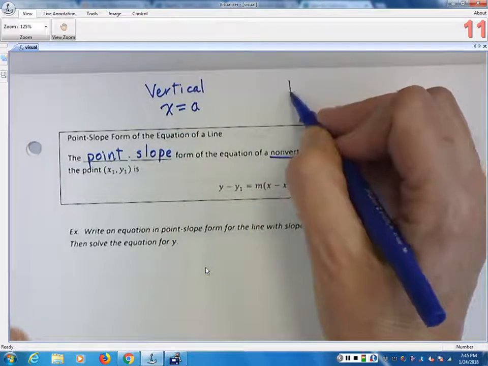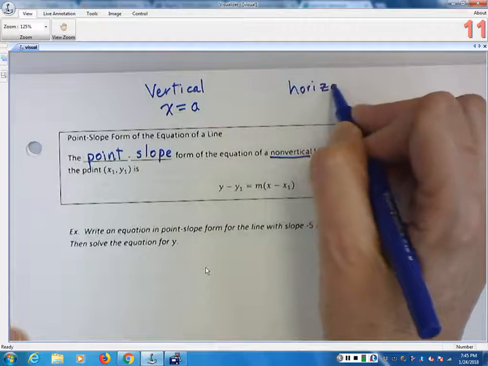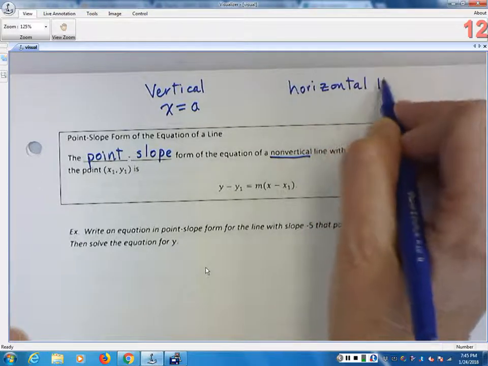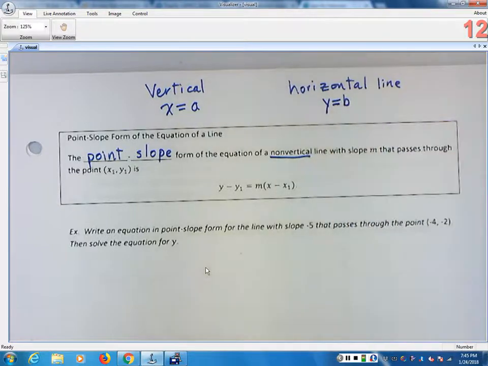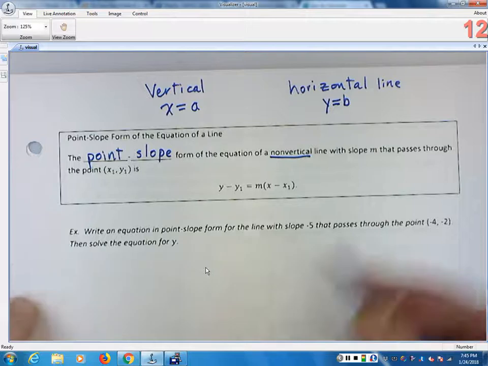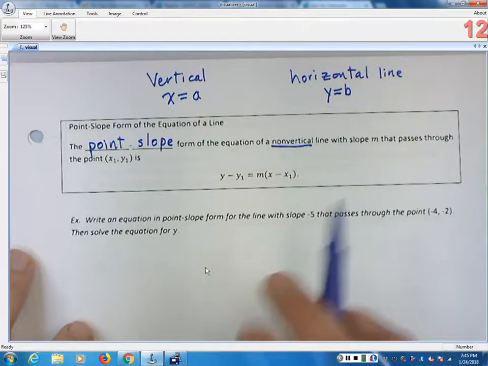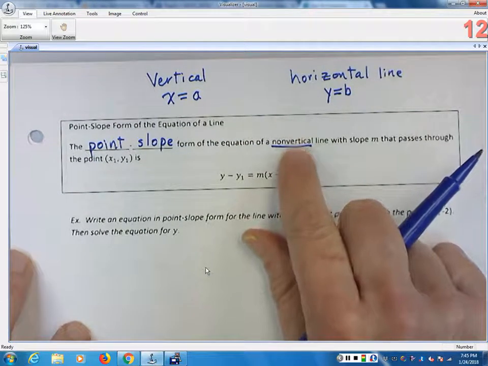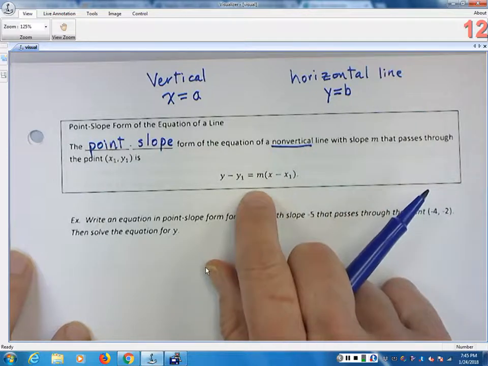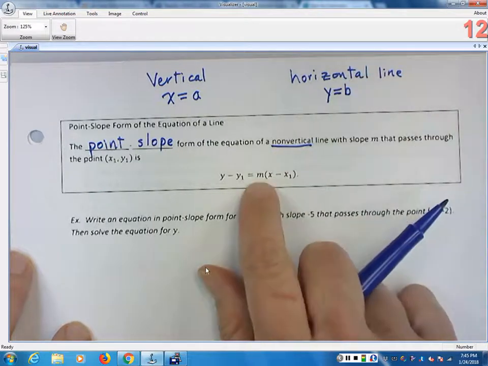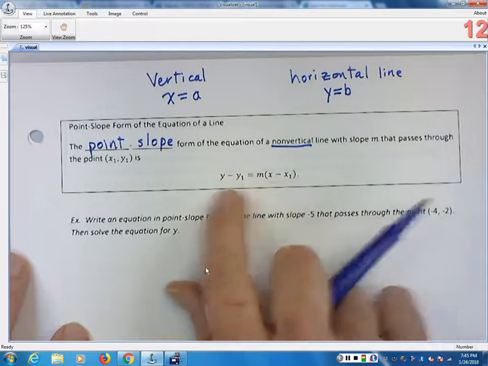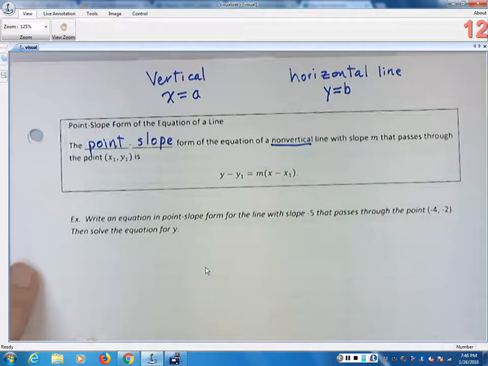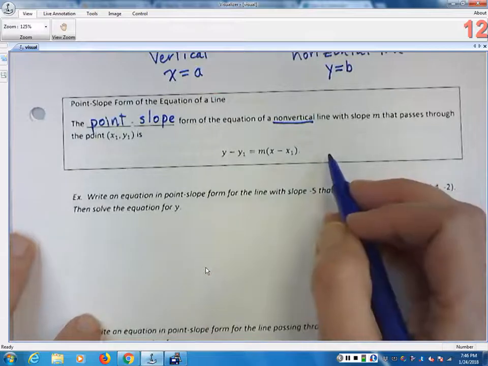And for a horizontal line, the equation is y equals b, which is also a constant, but it's the y-intercept. Okay, that's a horizontal line, vertical line. But if it's non-vertical, we can use this formula. If it's a horizontal line, m will be 0, and we'll be able to use the formula. X will cancel out, we'll have y equals y1. That's what you get. But anyway, this is the point slope form.